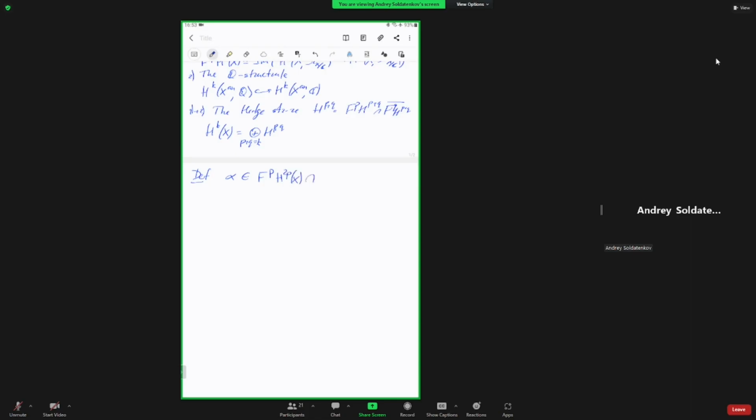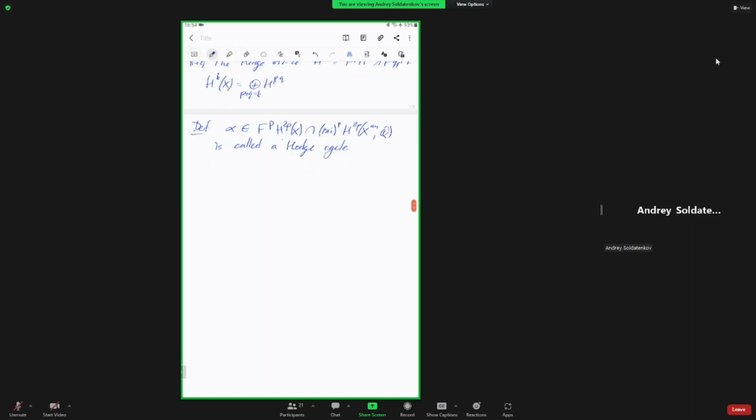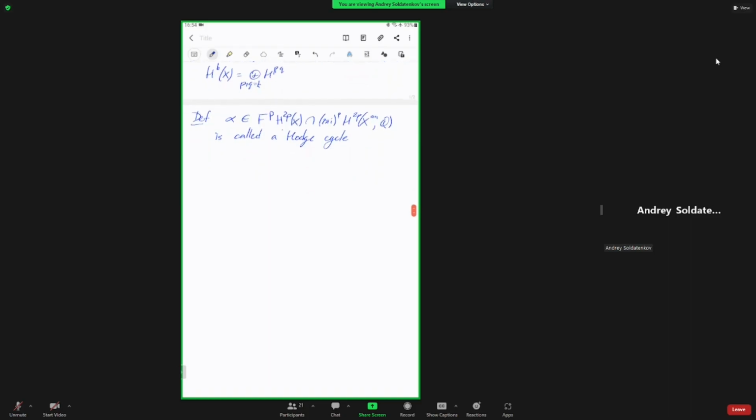And also it is rational, up to some Tate twist. So this is usually called the Hodge cycle. Why is it a cycle? It's not a cycle, it's a cohomology class, but this is a standard terminology.